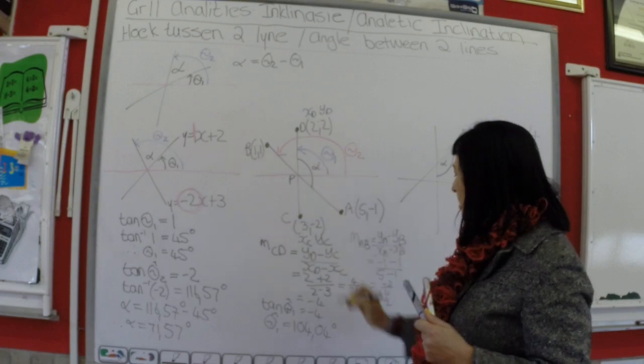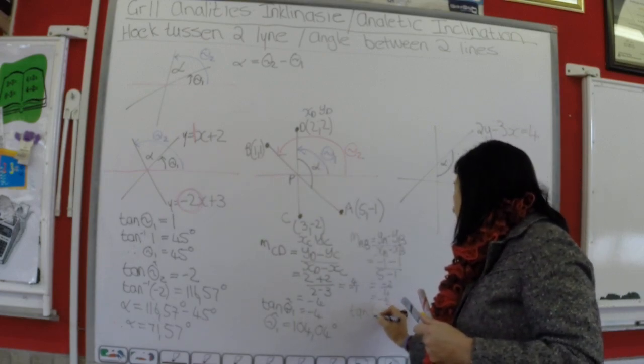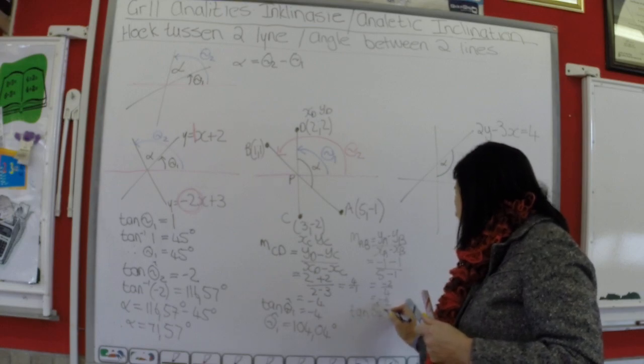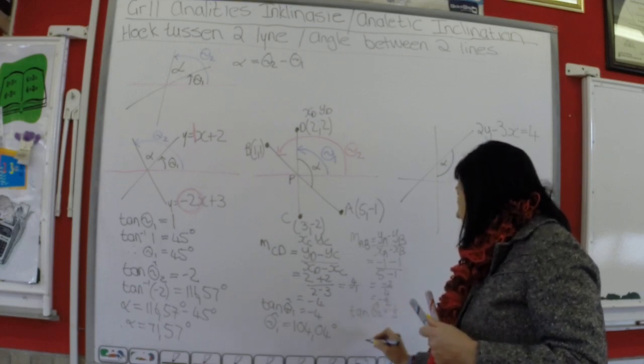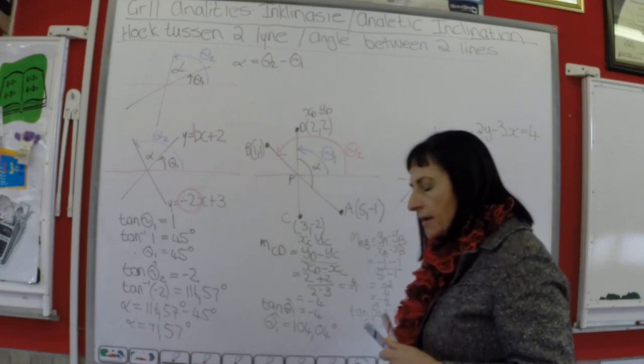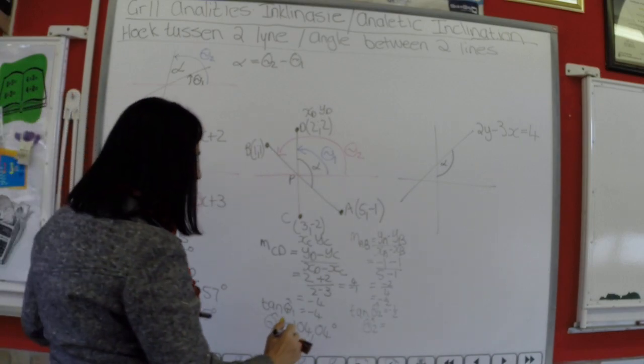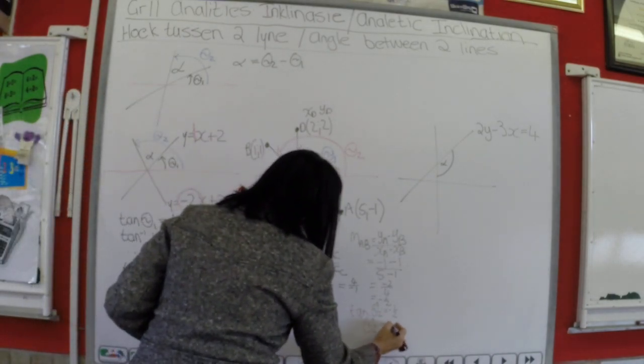Dit maak sin, want dit is ook 'n afdraande lyn. So die tan van theta 2 is gelyk aan minus 1/2. So if I do the inverse, I'll get the theta 2 angle to be 153,43 degrees.